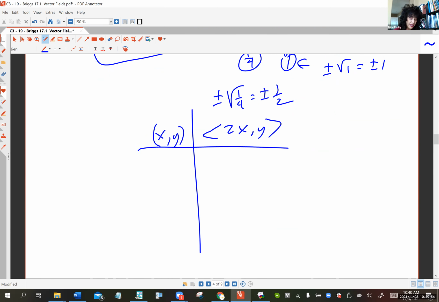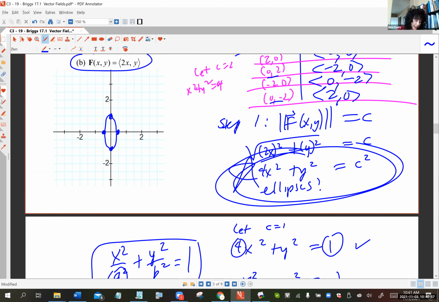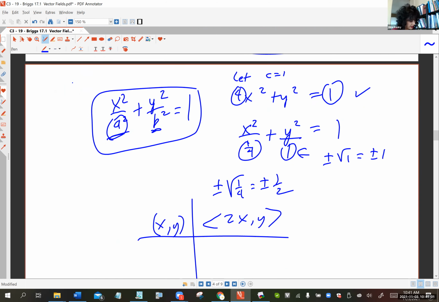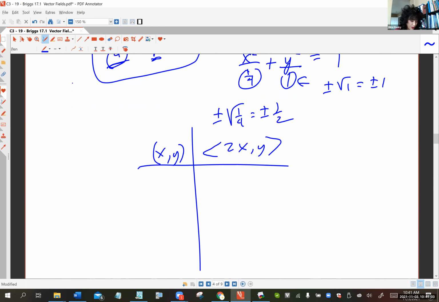And so for this, I'm going to just pick 4 easy points off of this ellipse. Of course, the ones that are on the axes are a little bit easier. And those are (1/2, 0), (0, 1), (-1/2, 0), and (0, -1).